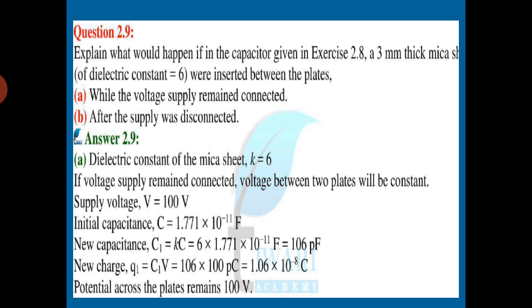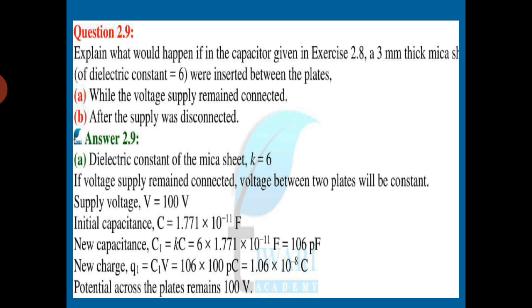Put it here and calculate the new charge: 1.06 × 10^-8 coulomb. Definitely it will increase. We know charge will be K times the initial charge. You can simply calculate this Q by using this formula also. Initially you calculate the charge in the first part. You multiply that charge by K and you will get the new charge of the system.